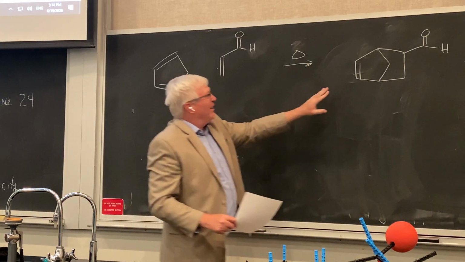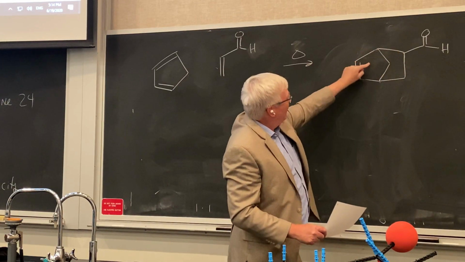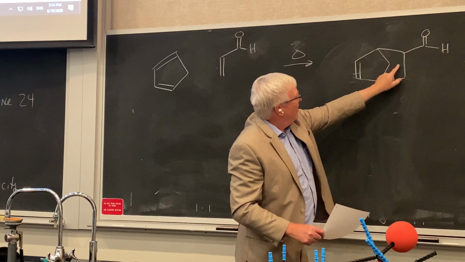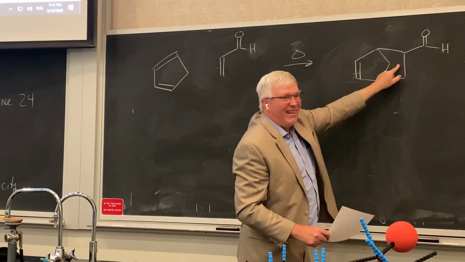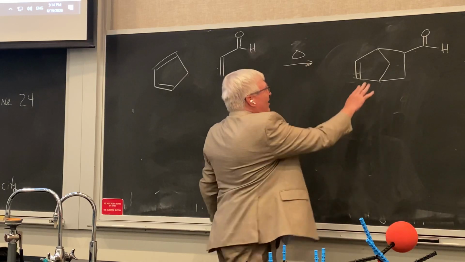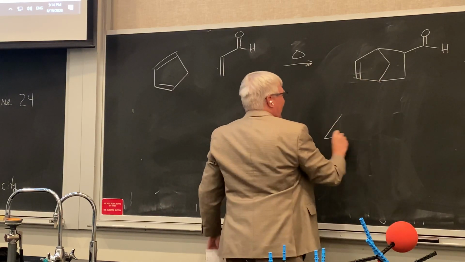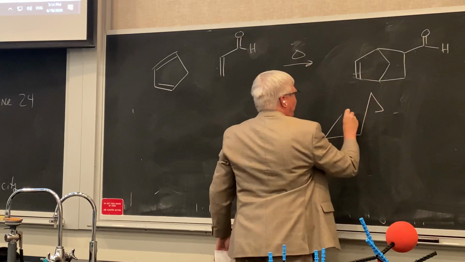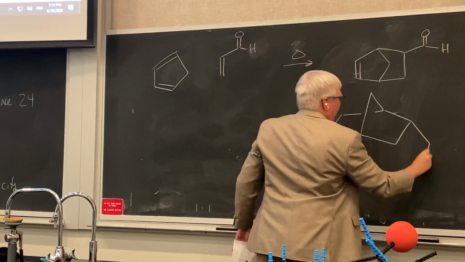But look at the product now. You can see the cyclohexene embedded here. But you see a 5-member ring here. And do you see another ring right here? Yeah, there's another 5-membered ring right here. And the aldehyde. Let's look at this in 3 dimensions. Let's tip this on its side and see what it's going to look like. Okay? It's going to look like this.